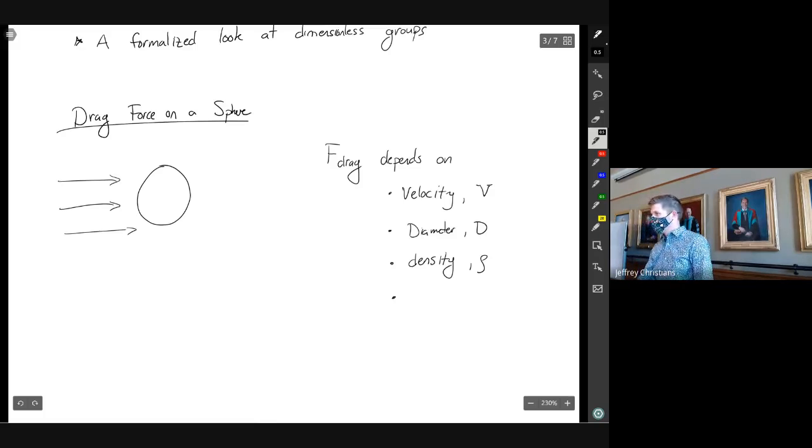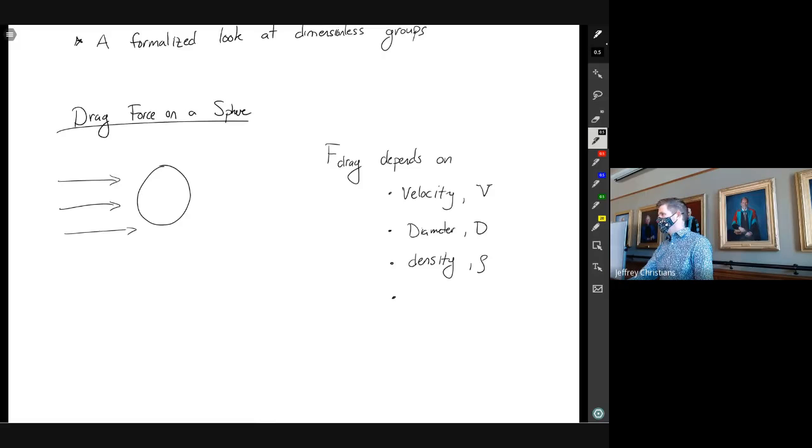What else? Yes, we're going to be looking at geometrically exactly the same. So yes, that would change it, but that's changing the shape, so we're still keeping shape the same. What if we did this with air flowing at 10 meters per second, or water flowing at 10 meters per second, or syrup flowing at 10 meters per second?